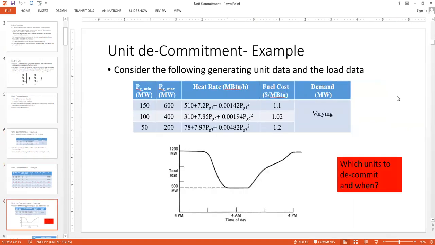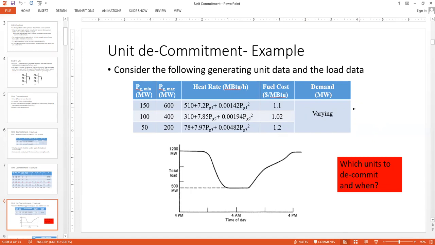Then we saw another example of unit decommitment, where if the load drops, we decommit the units. And again, if the load increases, we commit the units.